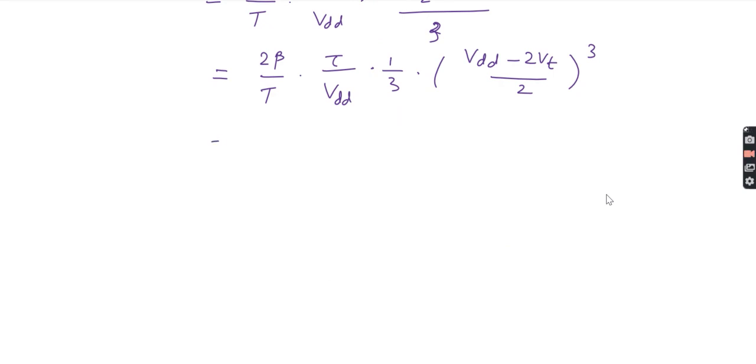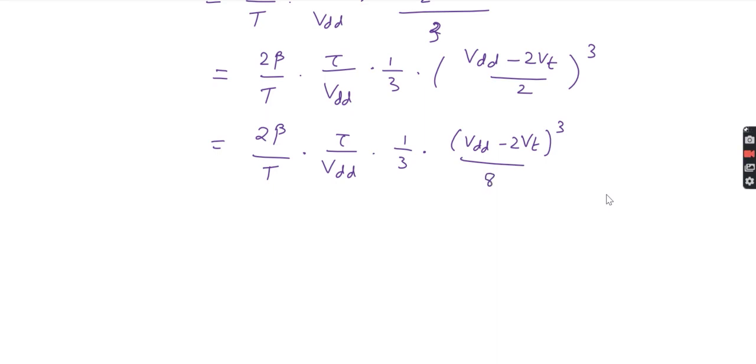So again this will become 2 beta divided by t into tau by VDD into 1 by 3 into, this will become 8, VDD minus 2 VT the whole cube divided by 2 cube, which is 8. So 24.